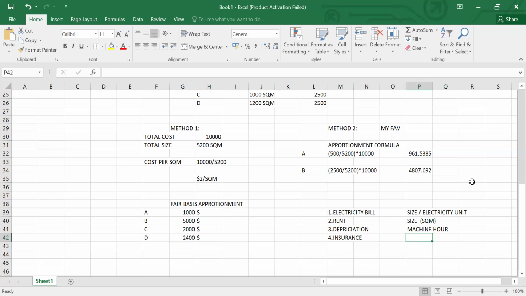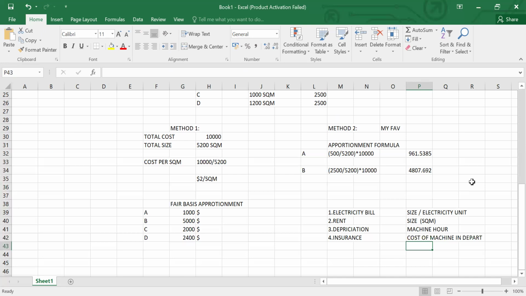Insurance cost depends on what type of insurance it is, but here we will assume it relates to the production department, so the basis is the cost of machinery involved in the department. The department with a very expensive machine will be given a high insurance cost, and the department with a very cheap machine will be given less insurance cost.